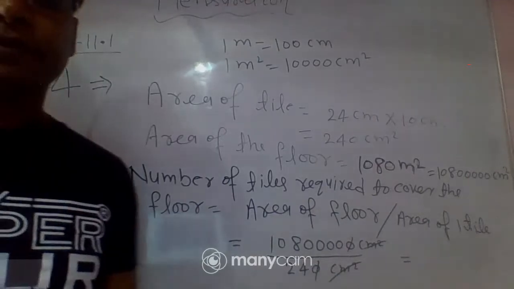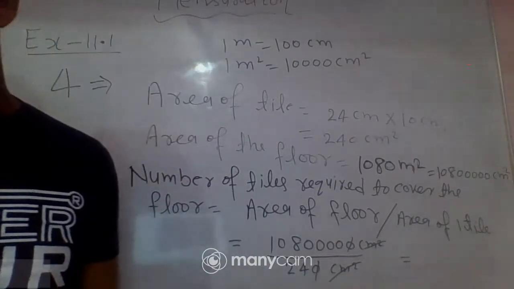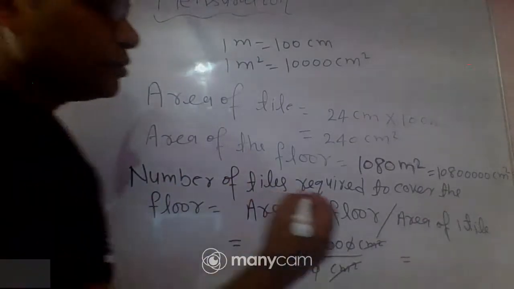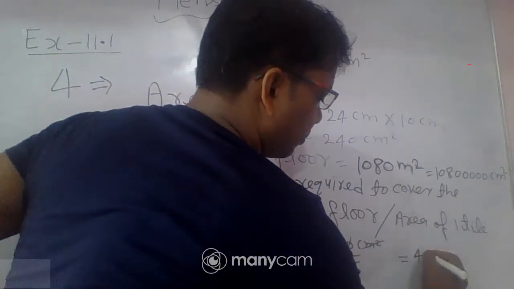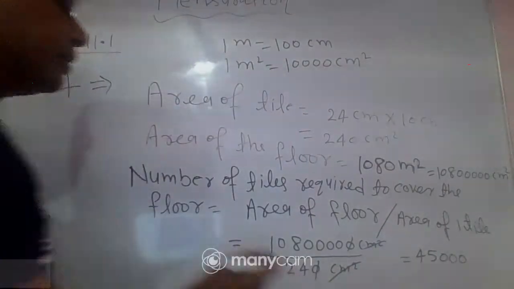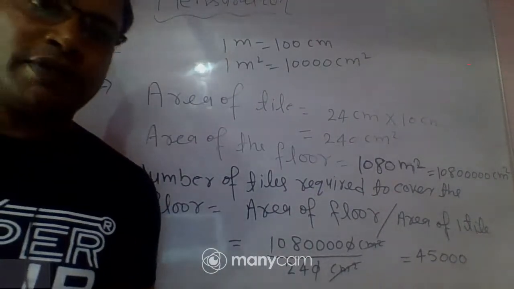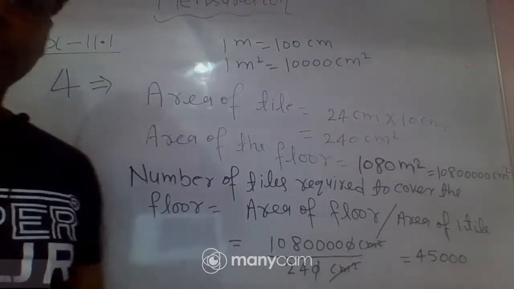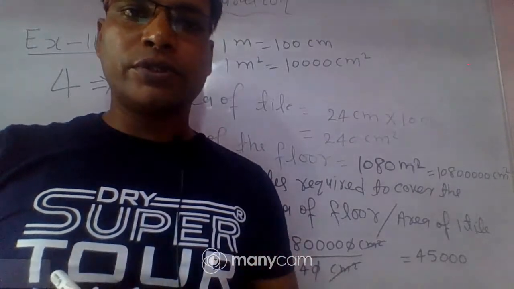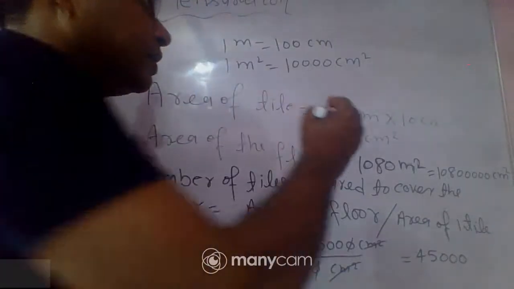Centimeter square is cancelled, 10 also cancelled, and this is equal to what? Divide it. This is the number of tiles. Okay. Hence the required number of tiles is 4500. Clear?